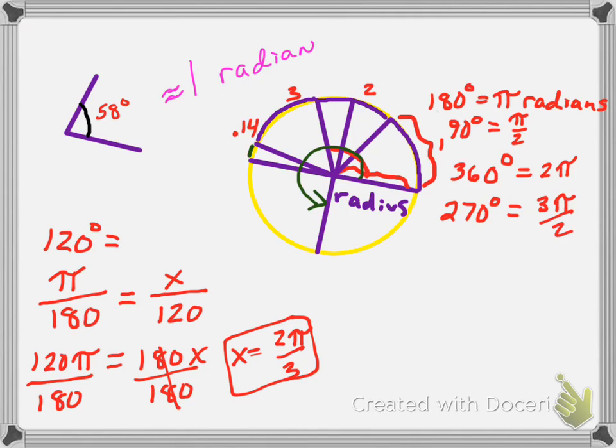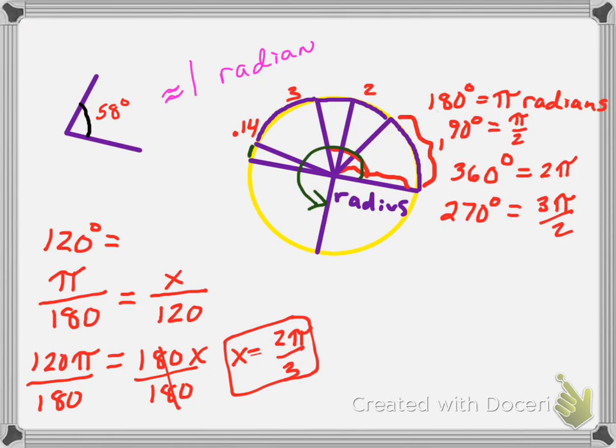So 120 degrees is 2 pi over 3. If a half circle is a full pi, 120 degrees is 2/3 of that half circle. So it's 2/3 of pi.